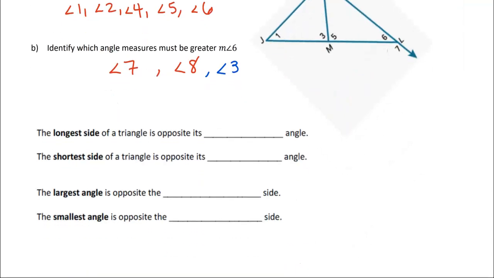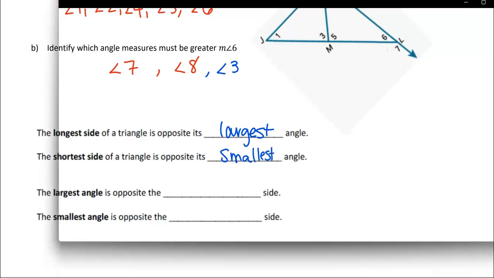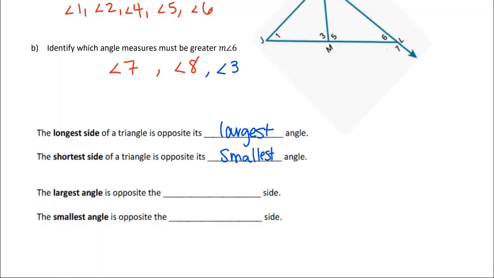The longest side of a triangle is always opposite the largest angle. And the shortest side is always opposite the smallest angle. Because when our angle gets bigger, that side across from it is going to get longer, right?